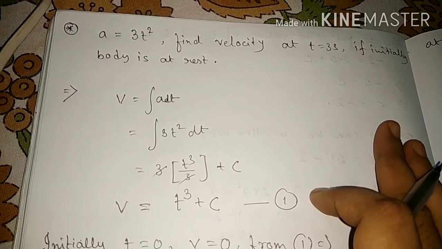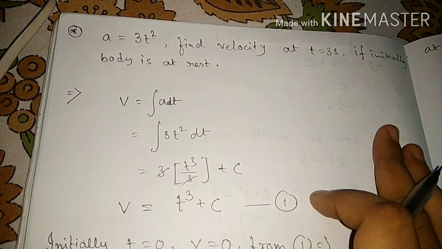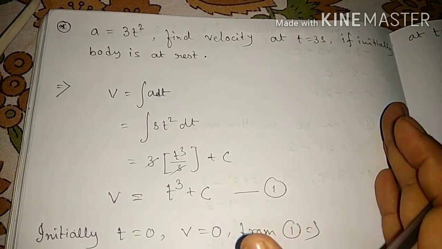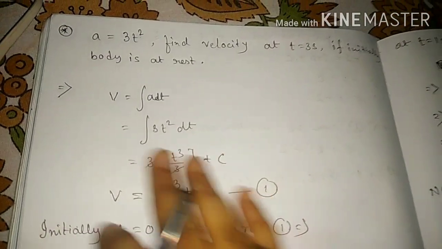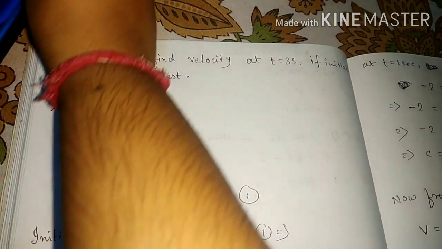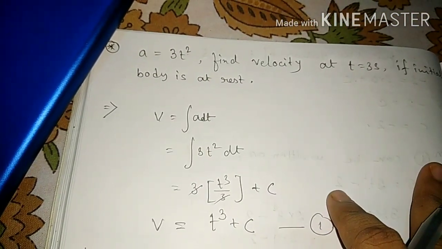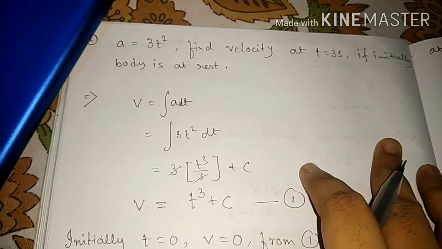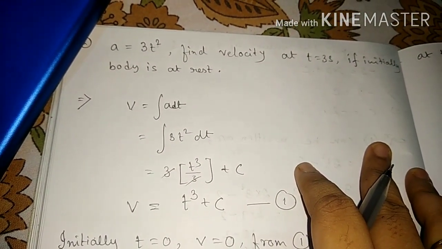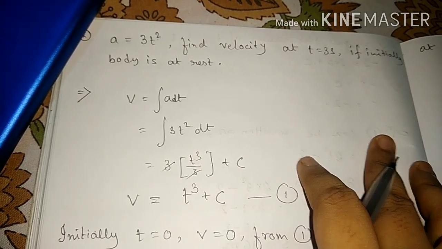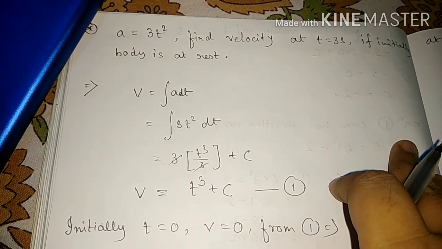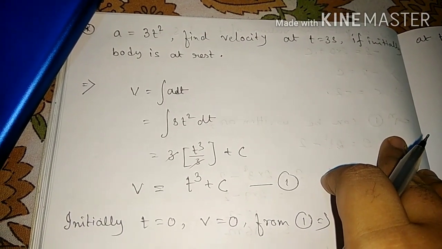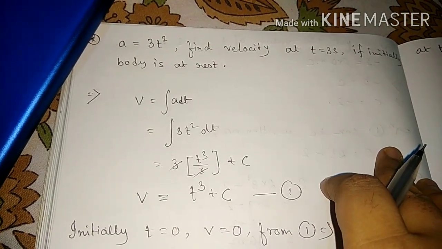No, in this problem no limit or range is given. We find only at t equals 3 seconds what the velocity will be. And one piece of information is also given. In this type of numerical, one piece of information is hidden inside the problem, so read the problem carefully and then you understand which information it is.